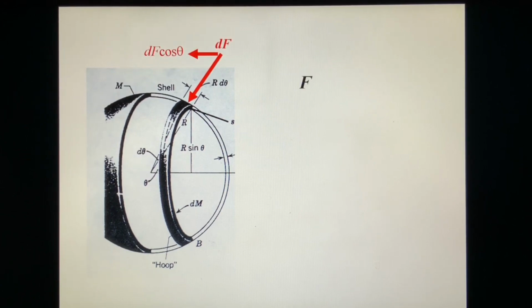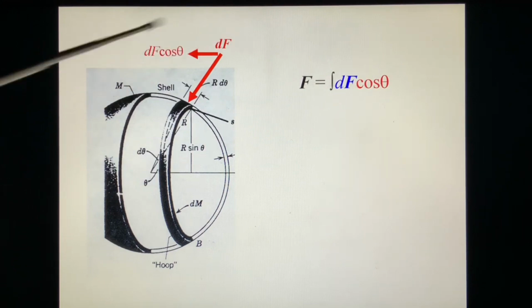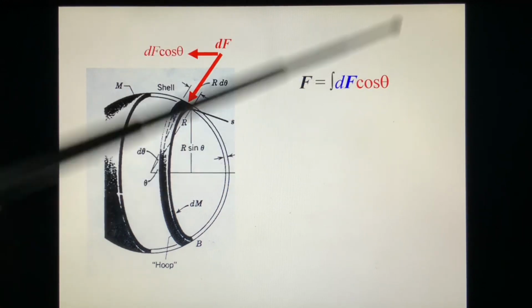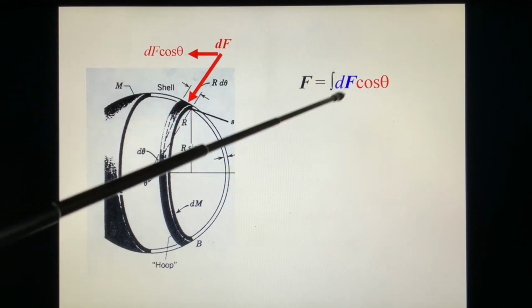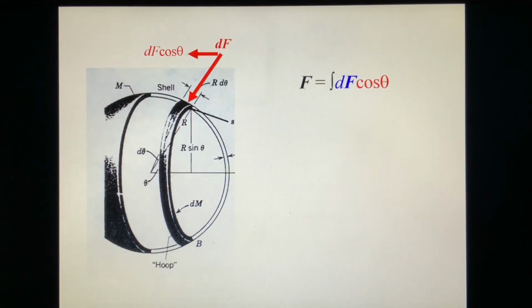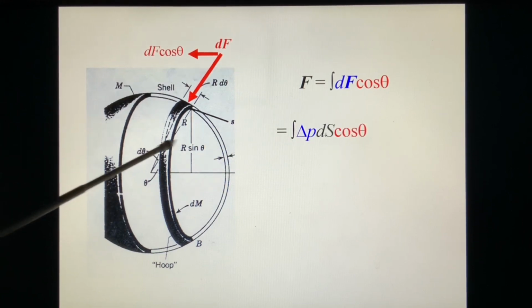And the total F equals sigma dF cosine theta, or the integration of dF cosine theta. What is dF? dF is the force acting by the air on this ring. That equals delta P multiplied by area, where delta P is the pressure difference.